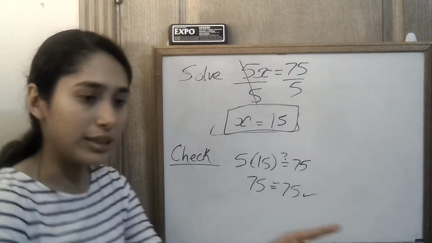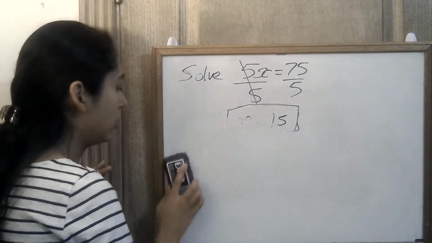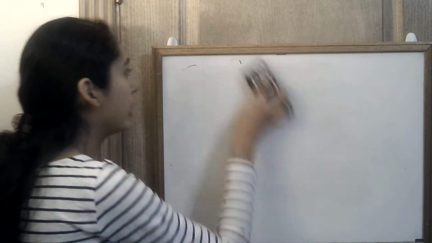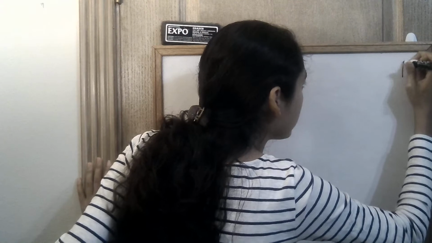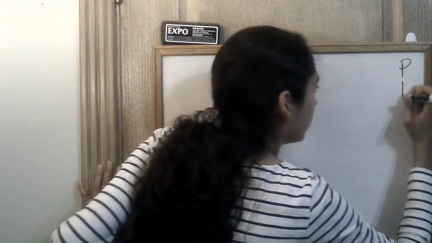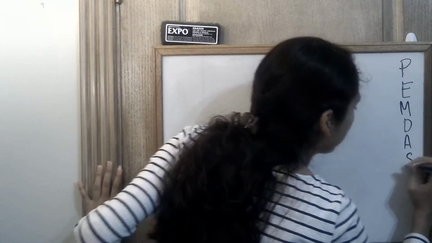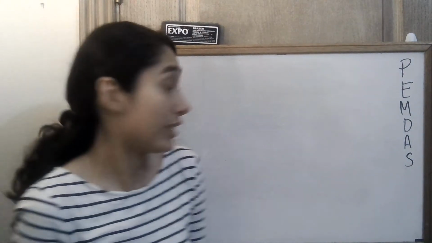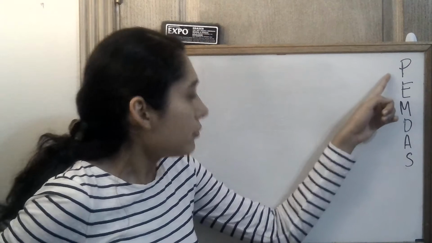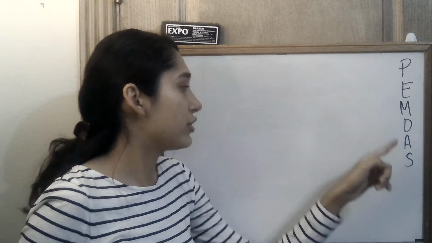Okay. Multi-step. So I'm just going to write PEMDAS on the side, because when you're having multiple steps of undoing operations, these are the operations: parentheses, exponents, multiplication, division, addition, and subtraction.